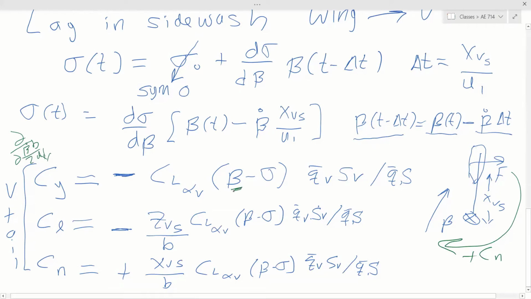This is beta, so that's not beta dot. This is just lift curve slope. That's a number. Beta is inside here because we said so. And it really is. Here we're saying beta dot through that lag affects the sidewash.